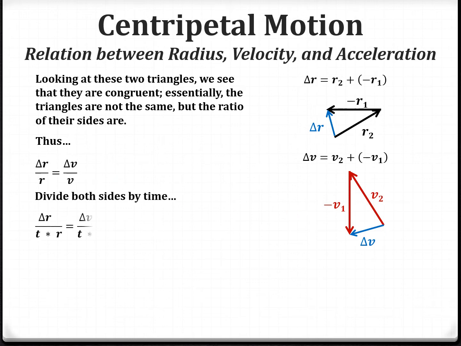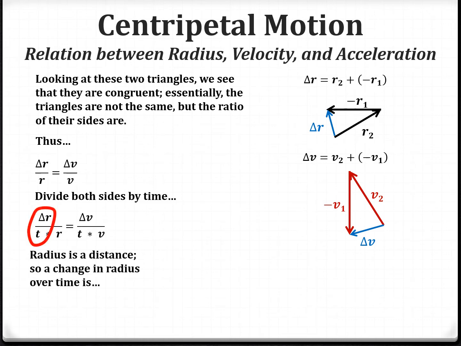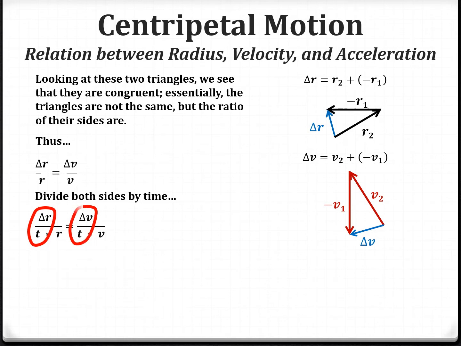Now, if we divide both sides by time, notice that the change in radius over time is the definition of velocity, because that's a difference in distance divided by time. So the radius is the distance, and change in radius over time gives us a velocity. Now the change in velocity over time is the definition of acceleration. That's actually what we're looking for.